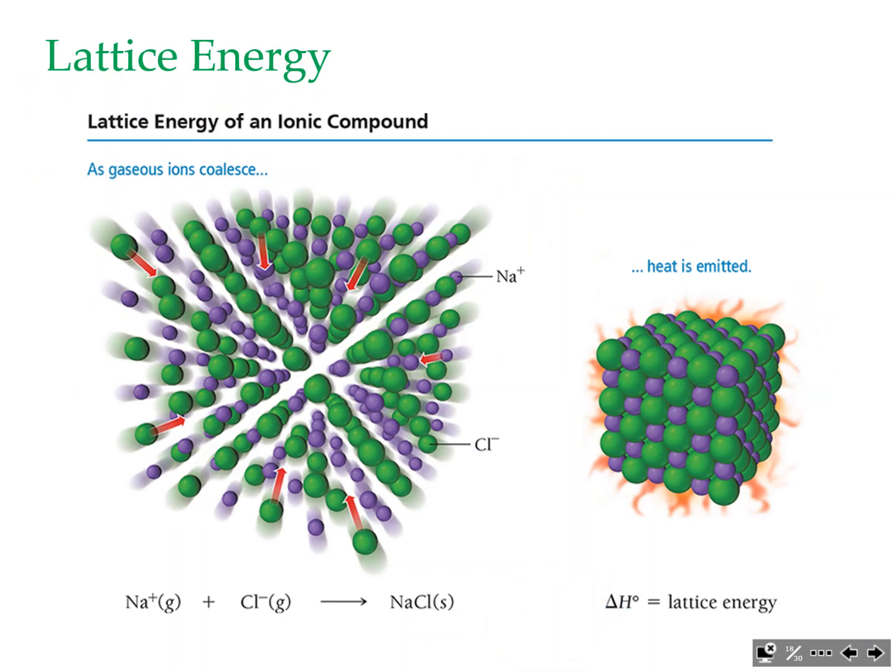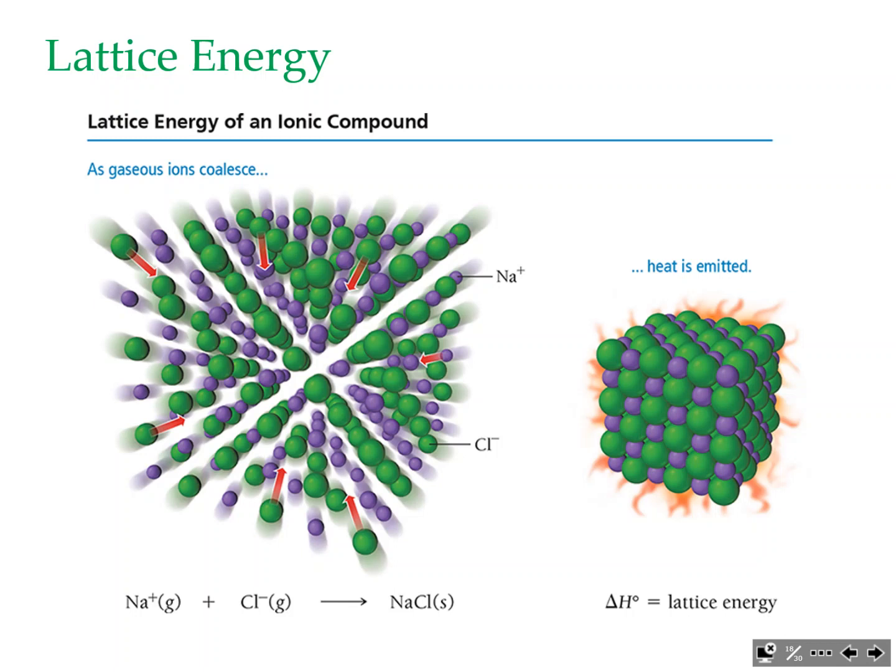Now, how do they come together and how do we measure the bond energy of the ionic bond? Well, it's done through calculating and finding the lattice energy. The lattice energy is basically a measure of the strength of the bond.